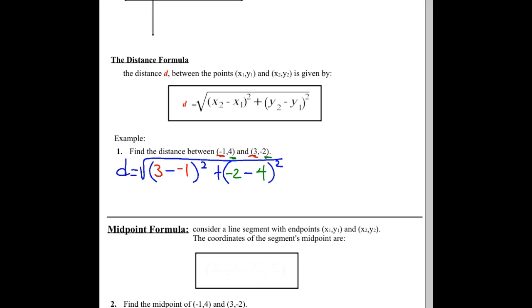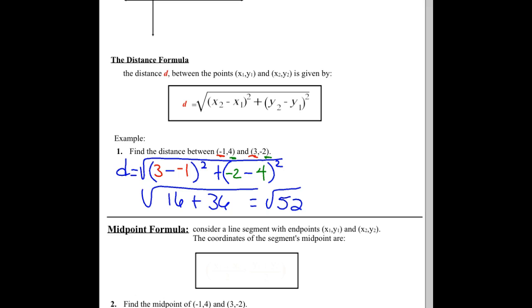Okay. Then we need to simplify. 3 minus a -1 is 4, and 4 squared is 16. All right. In the second grouping, I have a -2 minus 4, which gets me -6 squared, 36. 16 plus 36 is 52. So if I wanted an exact length, that would be it. It's the square root of 52. That's exact. Okay?